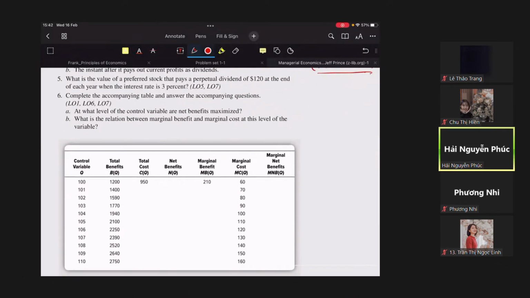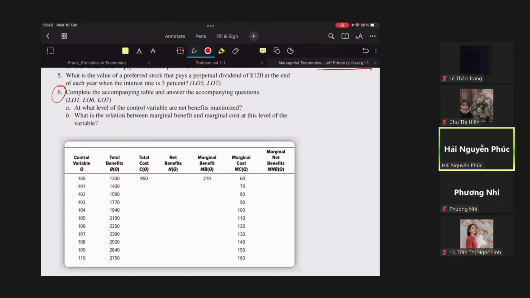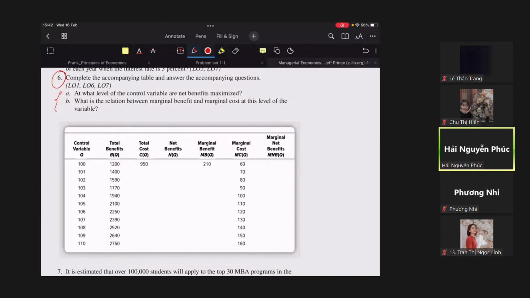Now question number 6. They ask you to complete the information and answer the two questions A and B. All right, A and B. In general, you can see that in this table, they give you full information about the total benefit and the marginal cost, and you have to fill out the remaining cells in this table, right?